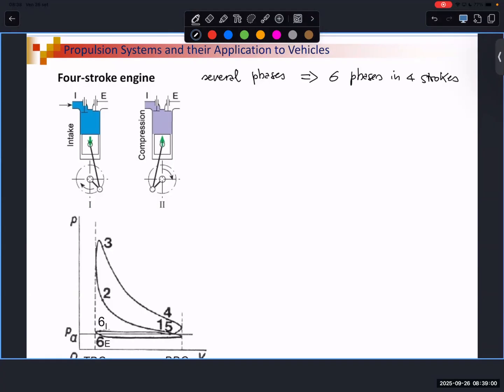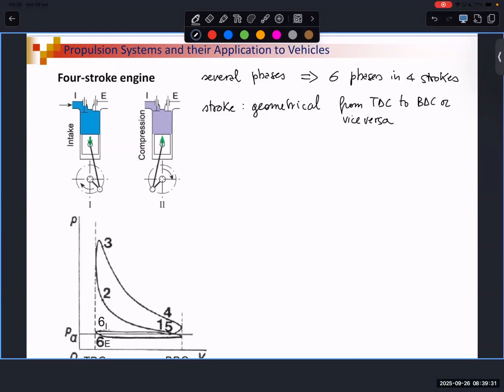We will find that for some of the phases, we have the same name as the stroke. But stroke always means something geometrical, from TDC to BDC or vice versa.